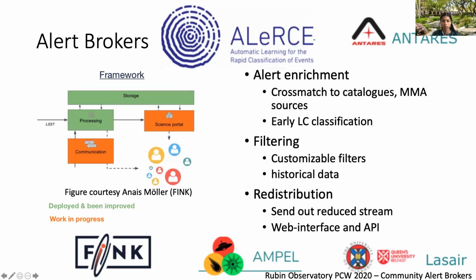That would allow you to select the candidates that are just relevant for your science case, historical data, which we talked about, and then systematic redistribution. So it would send out a reduced stream of alerts and provide a user-friendly web interface and API for performing customized queries. So these alert brokers are very useful for getting from ZTF data to the scientific community.